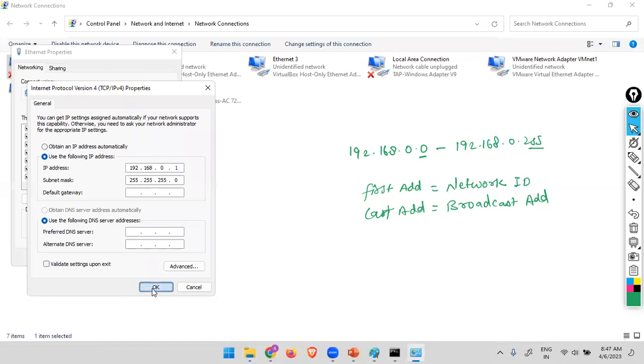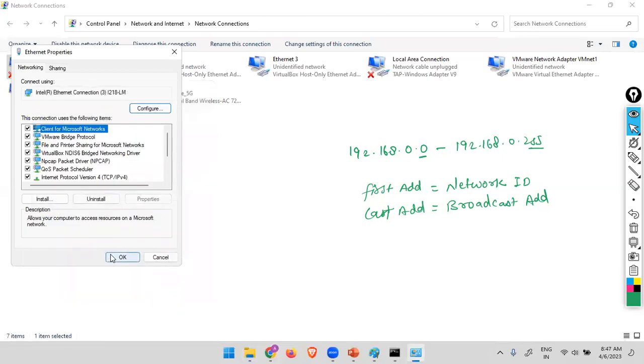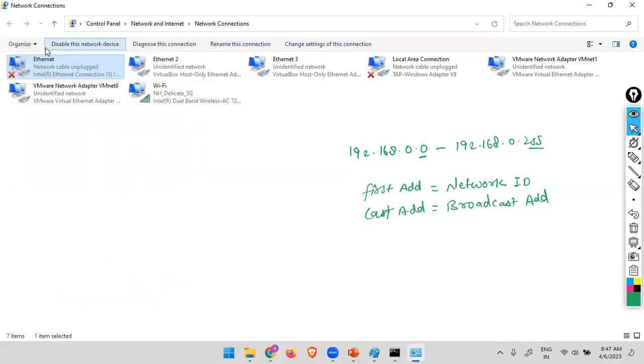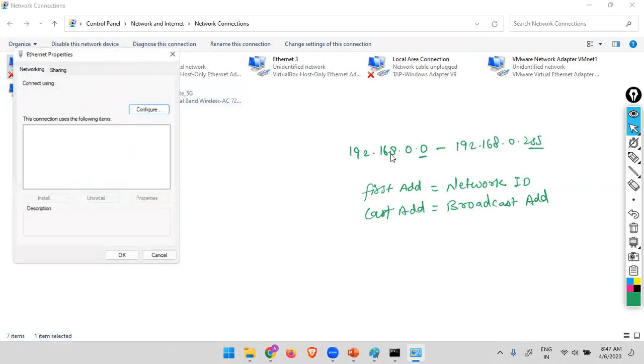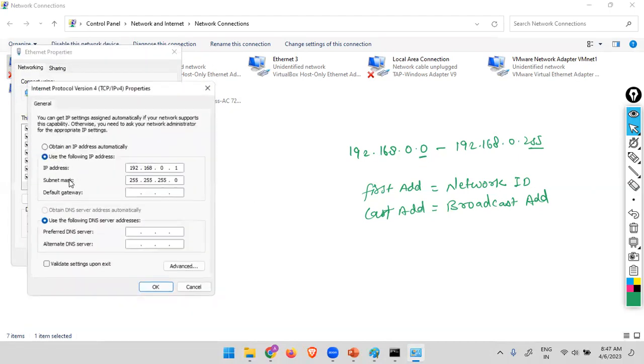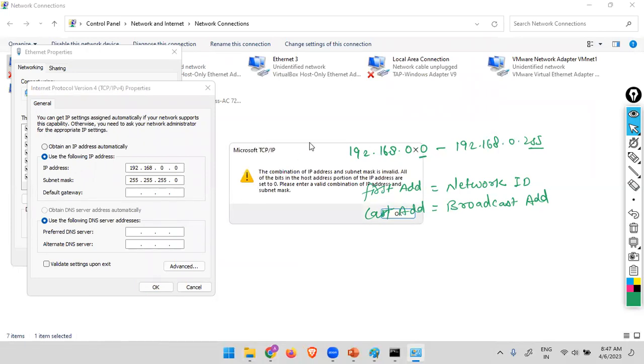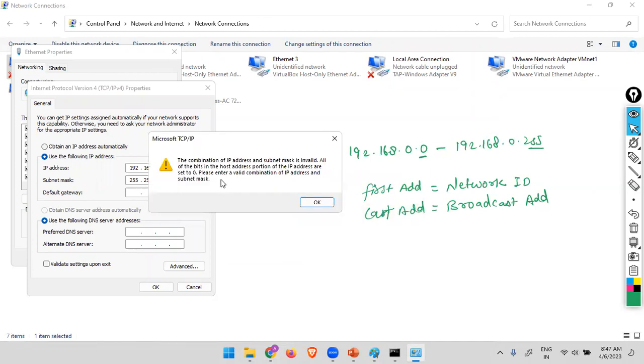Let me say okay. No error. Now let me try to use the first address. Instead of 1, let me make it 0. You will get an error. What does this error say? The combination of IP address and subnet mask is invalid. So we cannot use it.